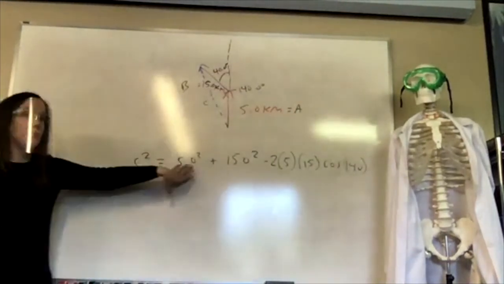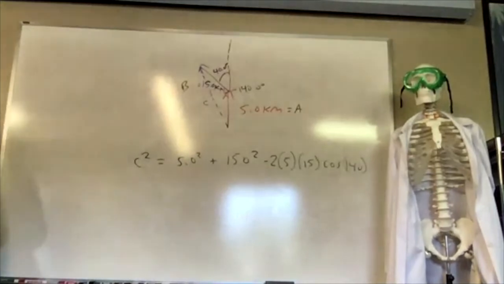So basically we just multiply, subtract, add it all together, and that will give us the side of the hypotenuse, the side we don't know.